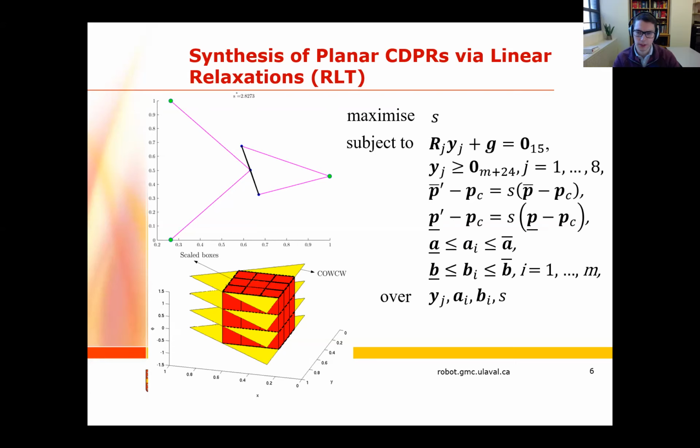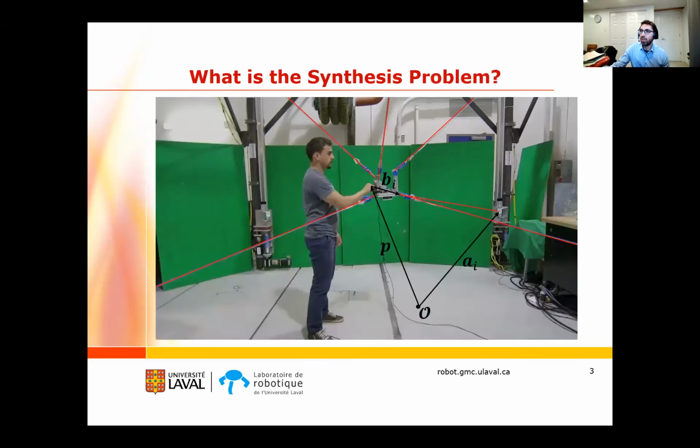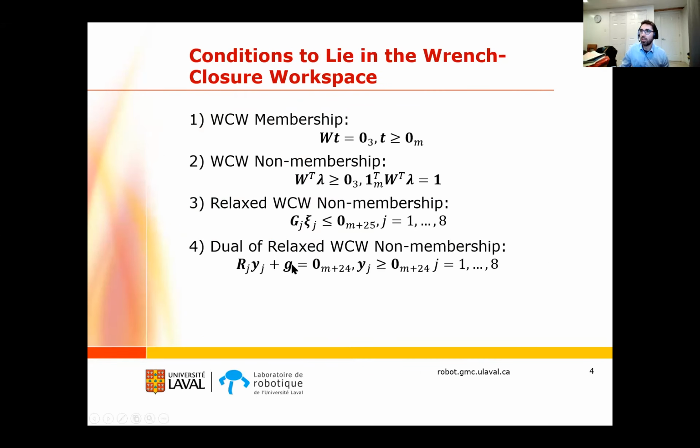Okay, so that dual of the non-membership equation ends up being the tricky constraint that makes this actually complicated, right? Yeah.